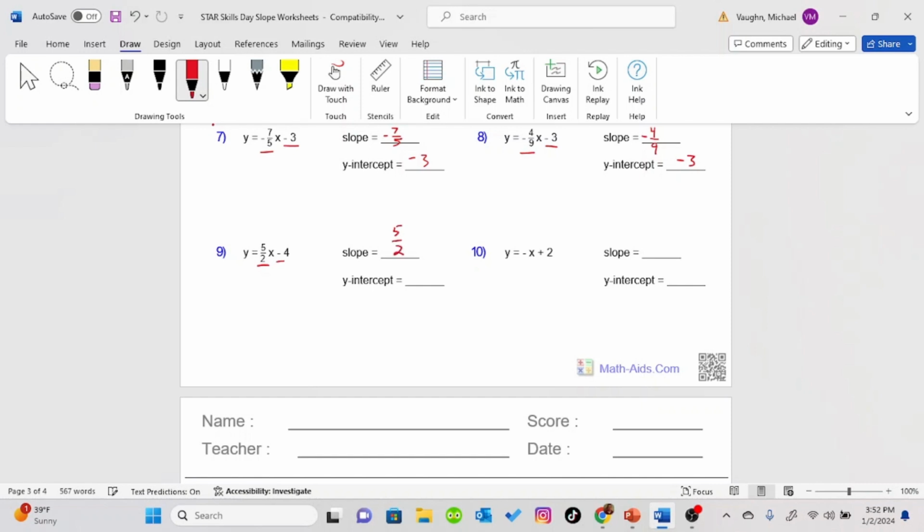And my y-intercept is by itself, negative 4. Number 10, my slope is by itself. If you don't see a number in front of the variable, it is understood to be 1. So my slope is negative 1, and my y-intercept is by itself, positive 2.